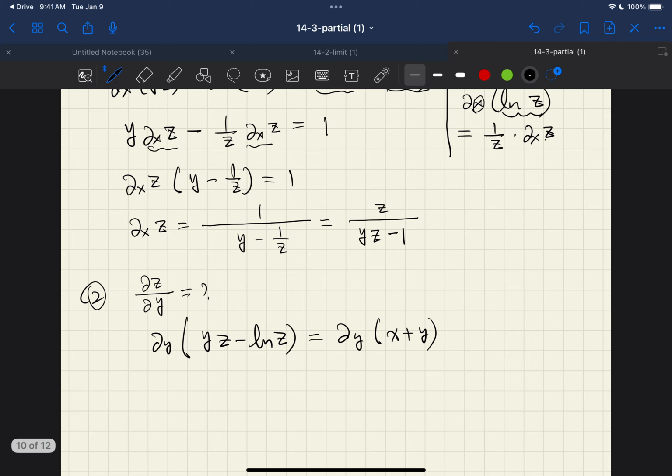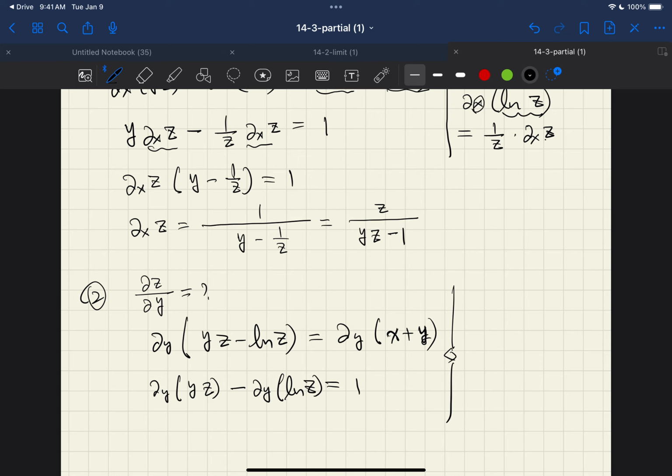Now this time we freeze the x term, but the y term is not frozen. So when I break this down, the right hand side is straightforward. x is constant, prime is 0. So partial y of y is 1.